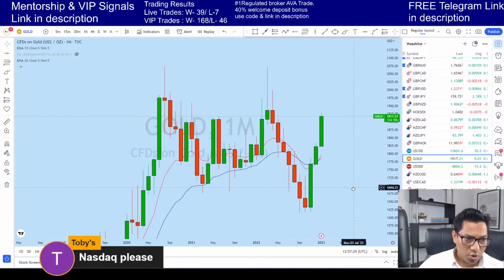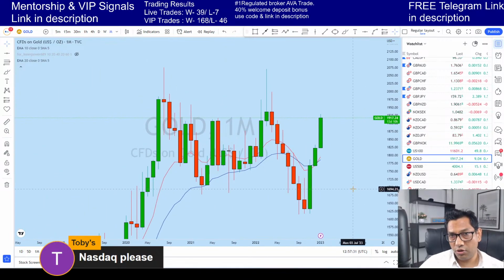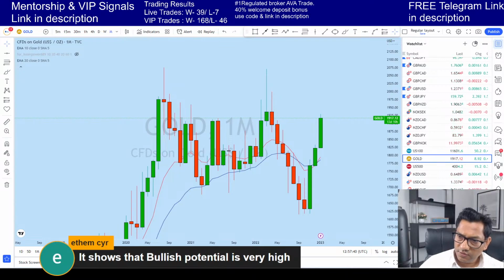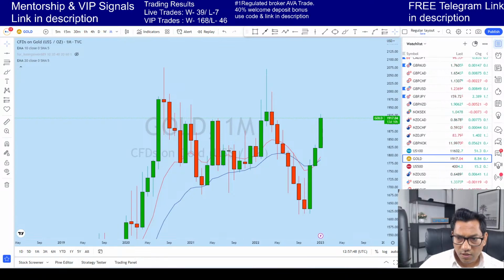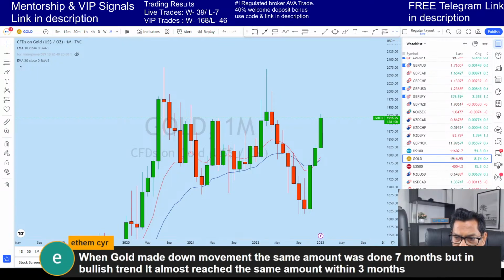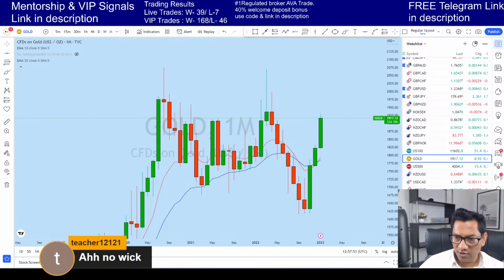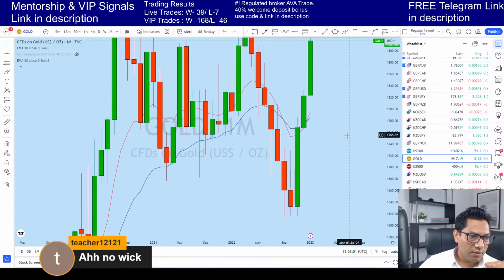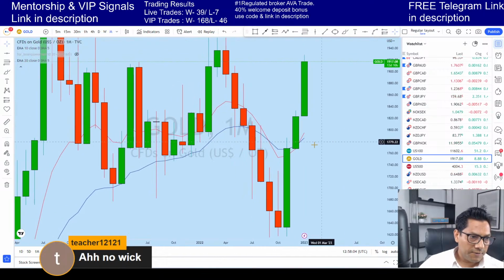So why the bottom is important in a bull market, or the top in a bear market, is because, yeah, very good, thank you, amazing. Yeah, very good points, that's true. Look, when you look at the bottom, you see there's almost no wick.